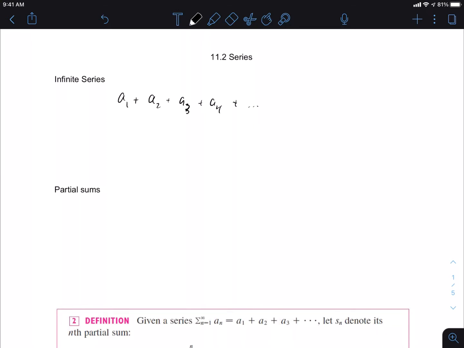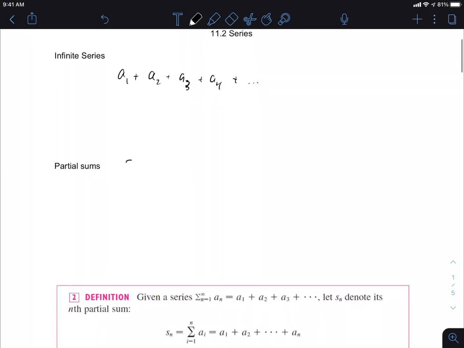All right. Partial sums are written with a subscript. So S sub, whatever the number of terms you're going to add. S sub 1 would be the first term added. S sub 2 would give us the first two terms added. S sub 3 would give us the first three terms added, and so forth, right?